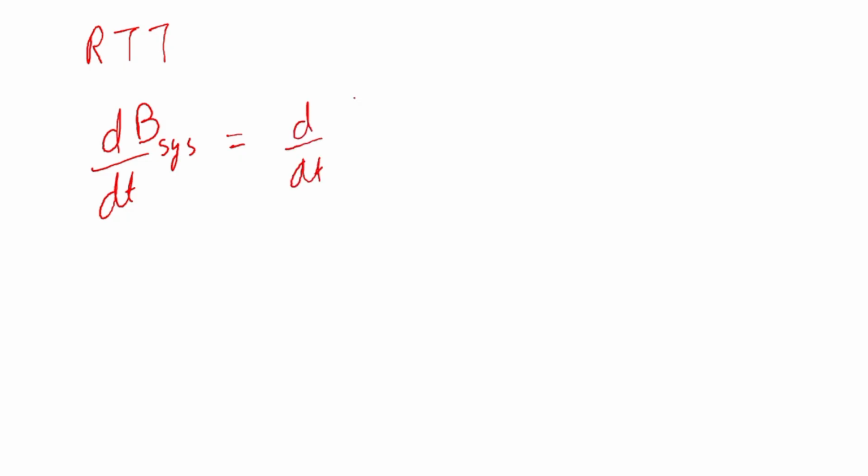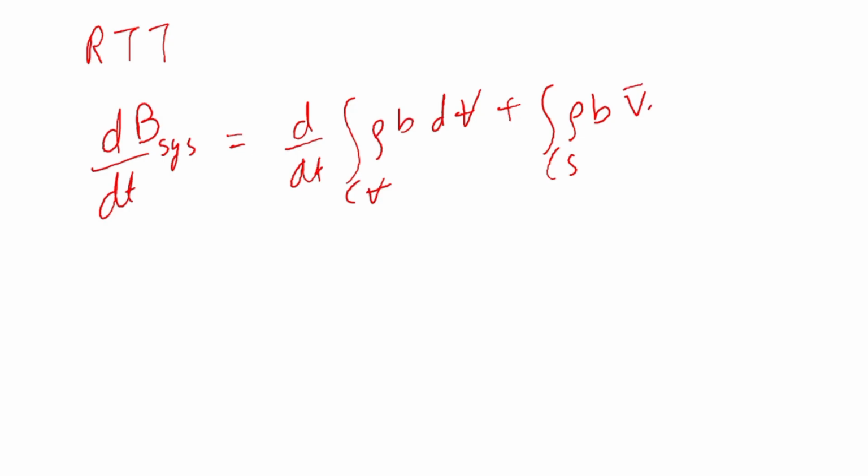The Reynolds transport theorem, or RTT, was given as the time rate of change of an extensive quantity of the system, which is given by B, is equal to the time rate of change of this quantity B inside a control volume plus the flux of this quantity B entering and leaving the control volume, which is the second term.